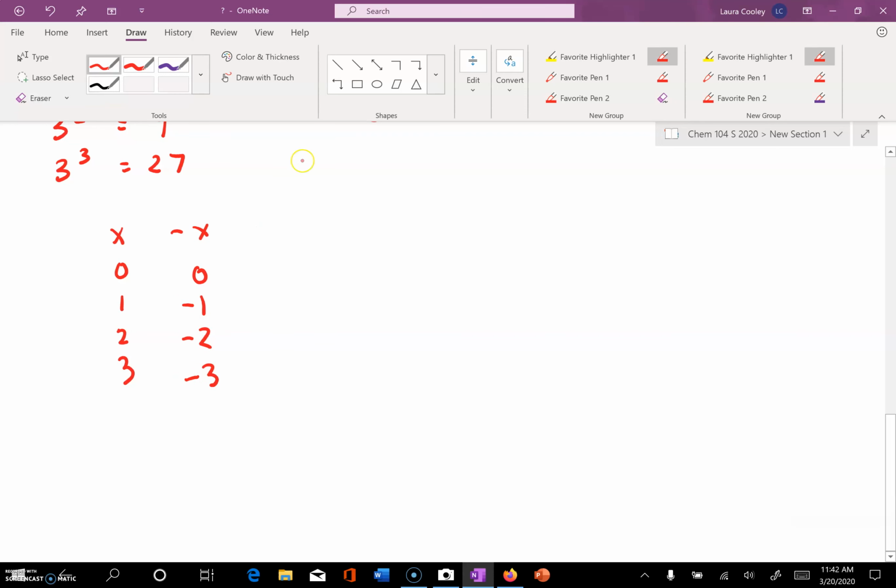So, I almost wrote e, but I mean 3 to the minus x is 3 to the 0, which is 1. And then we have 3 to the minus 1. What is 3 to the minus 1? That's 1 over 3, so that's 1/3. Then we have 3 to the minus 2. That's 1 over 3 squared, or 1/9.